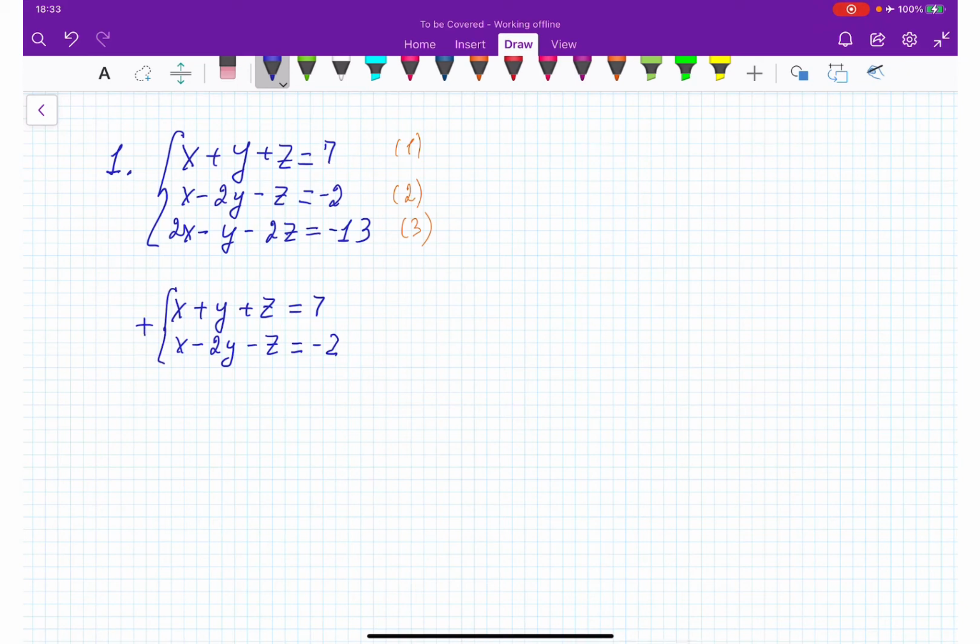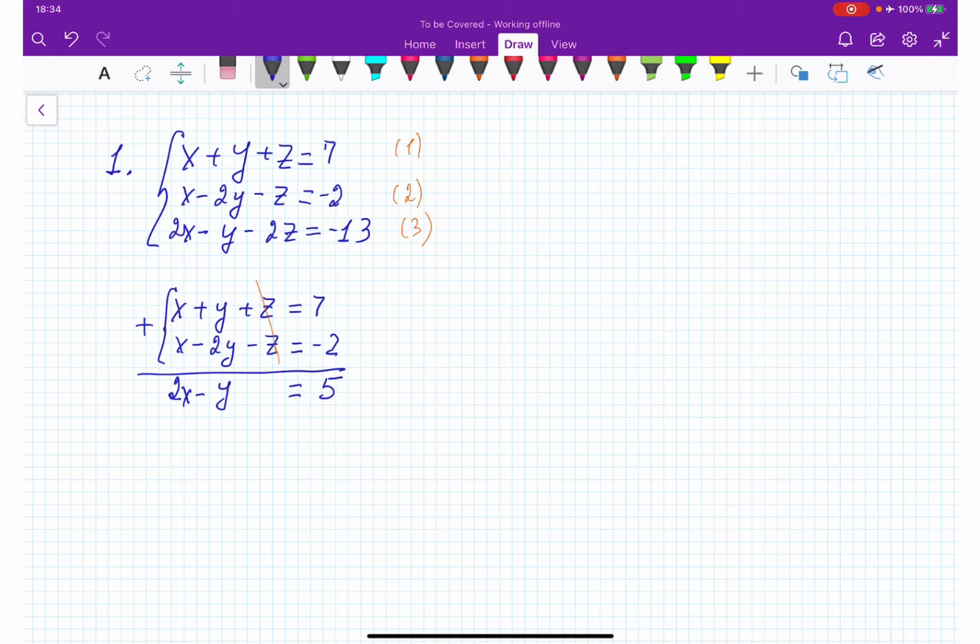If I add them, what's going to happen? This positive z and negative z will be cancelled, and I will have 2x minus y is equal to 5. So I eliminated z, I have x and y.